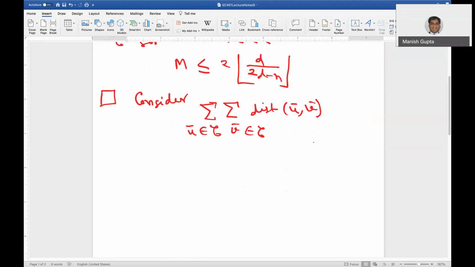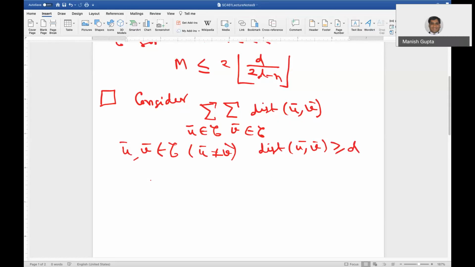Now we know that if U and V are two code words in C such that U is not equal to V, the distance between U comma V will be at least D, because D is the minimum Hamming distance, right?